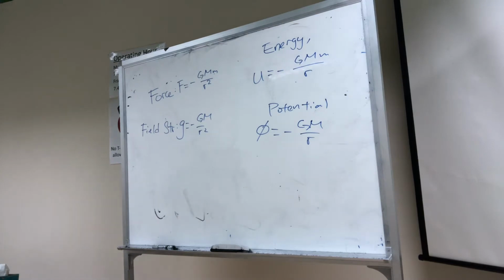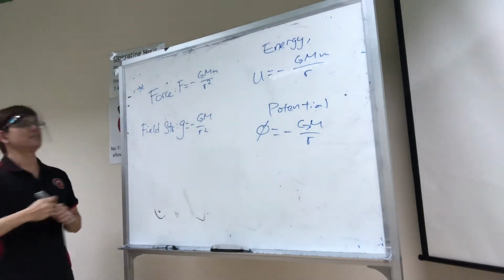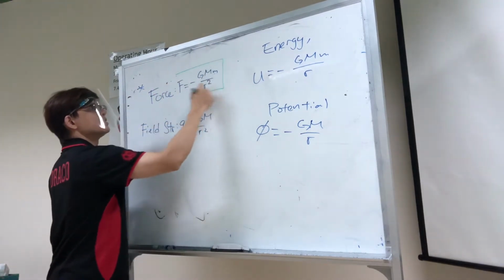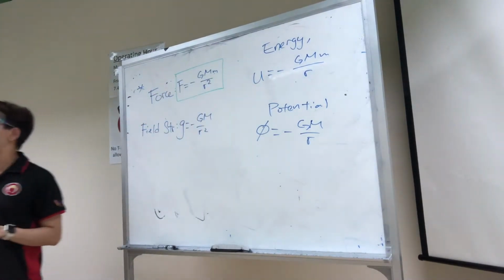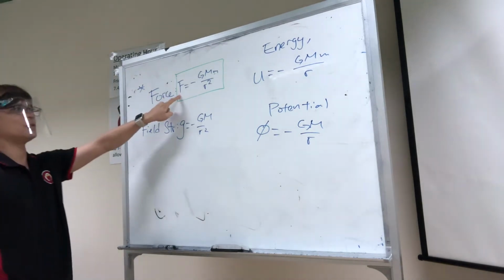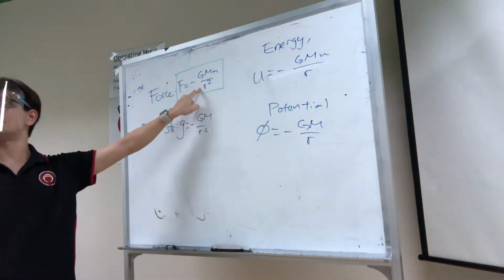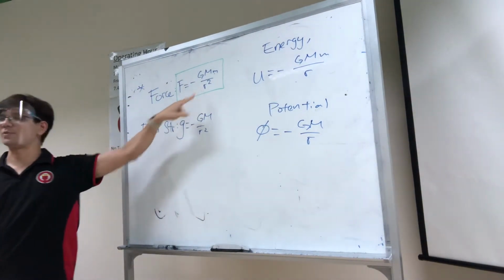The anchoring one is force. This is Newton's law of gravitation. It anchors the rest, right? But so far, we have learned that the gravitational force between two objects is the product of the masses, inversely proportional to the distance apart. There are a few assumptions when we use this.